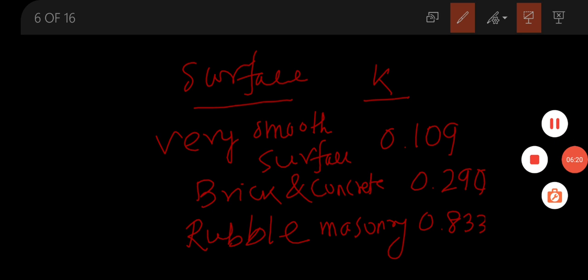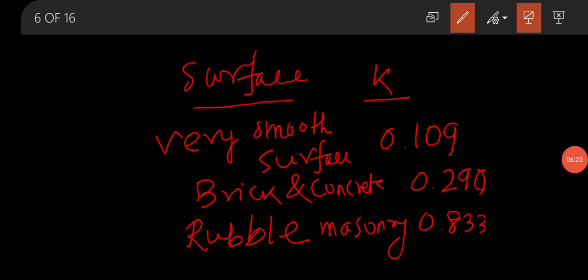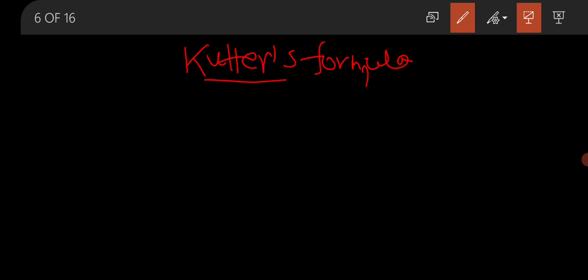Then the next formula is Kutter's formula.